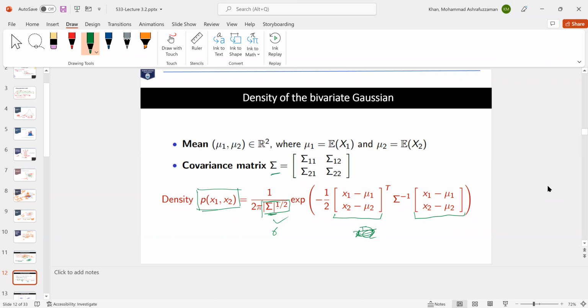It's not basically x, we can say x prime transpose, because we are changing x to x minus mu, then the inverse of the covariance matrix, and then x prime. Now if we were careful in our previous class, we know what this is. Can anyone tell what this is? We discussed it only 6 days ago.